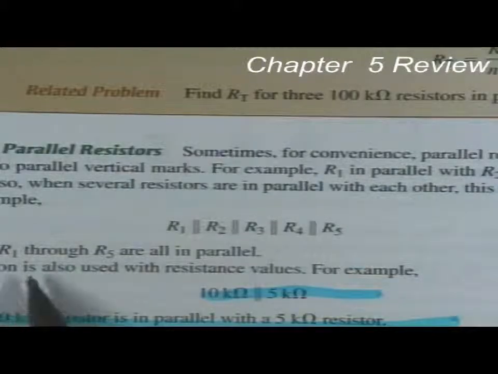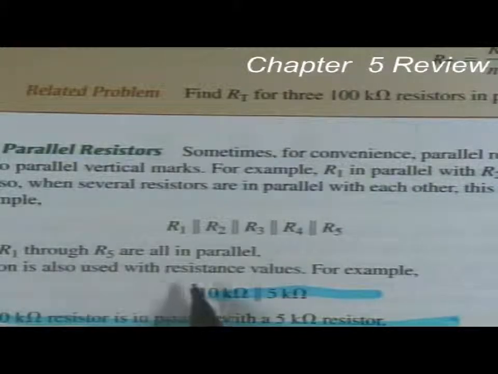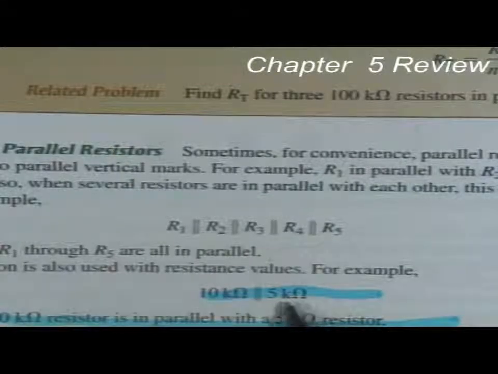This notation is also used with resistance values. For example, a 10K resistor in parallel with a 5K ohm resistor. You don't see the benefit of that yet, but I'll show you when we go into series-parallel problems. It's quite convenient.